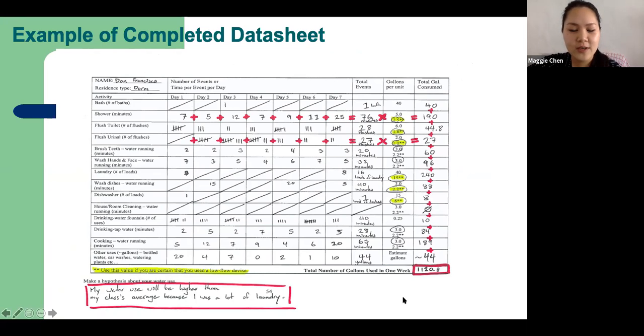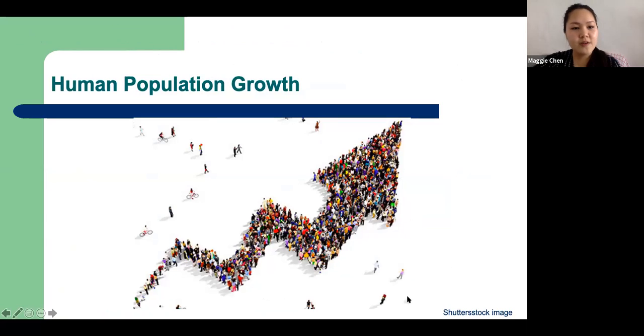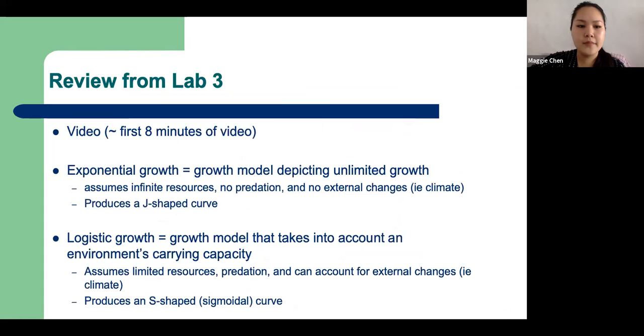Okay, awesome, great. So moving on, we are going to start talking about human population growth. Last week we talked about population growth in terms of moose and wolf populations, but now I think it's more interesting to see what the trends would look like for humans. I'm going to show you a video going over the exponential population growth equation.